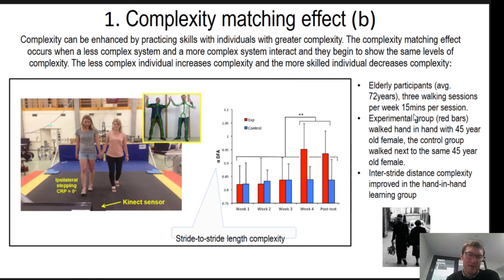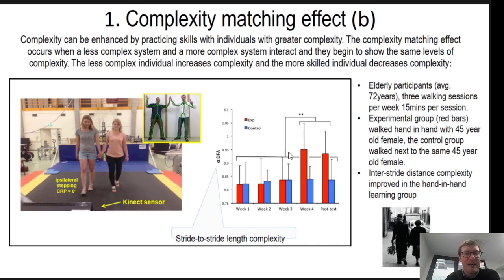healthy adult. Okay, and what they showed is that, look, after week 1, 2, and 3, there was no real change in their behavioral complexity. Okay, so they remain relatively predictable, these red bars. But then after week 4 and into the post-test, you get this improvement or increase in complexity of the elderly participants' walking gait.